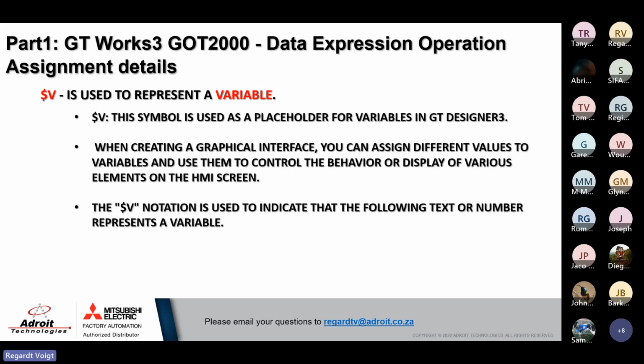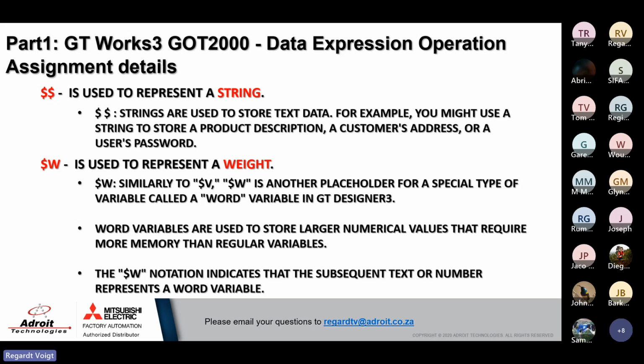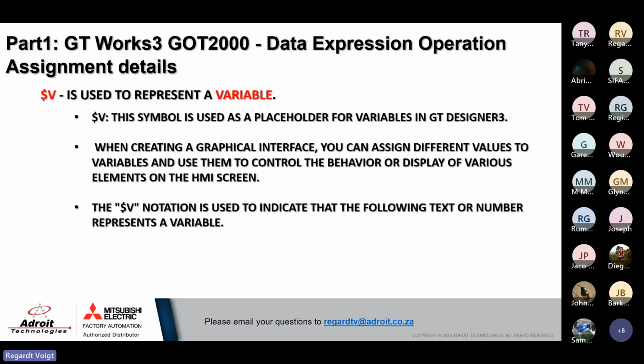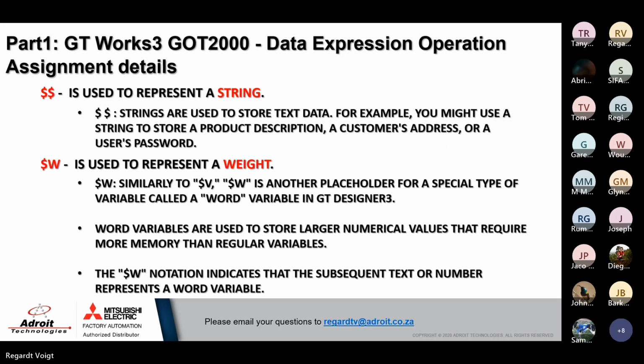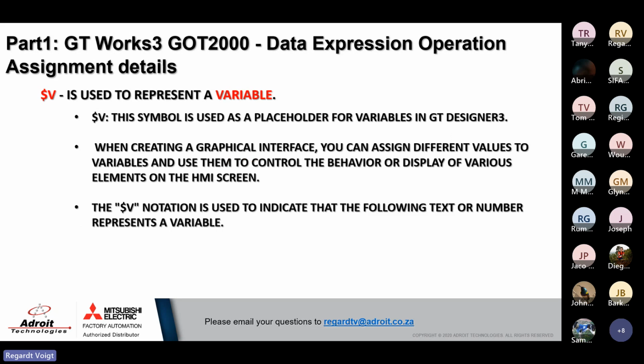Okay, so when you create a graphical interface on your HMI, you can assign different values to variables, and you can use them for scaling and control purposes and display purposes and so on. Okay, so easy to remember, V is a variable, and then obviously you've got your weight values for your string values or other types of variables.